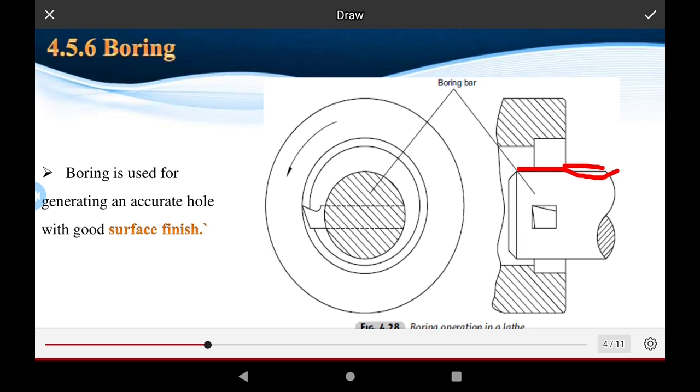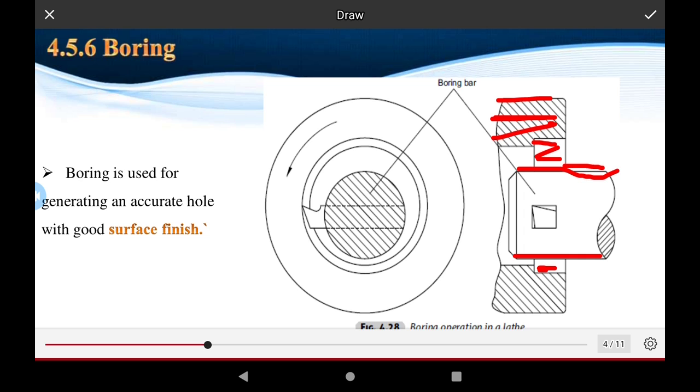The workpiece is held with the help of the clamp. This is the chuck, holding the workpiece.